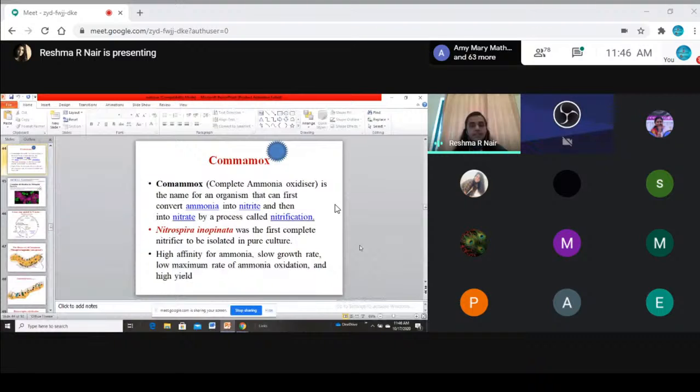And now come to heterotrophic nitrification. What we have discussed is mainly autotrophic nitrification, that is, nitrification performed by autotrophs only, but in addition some heterotrophic nitrification is also possible, which is performed by heterotrophs. But comparatively, here there is no energy generation.